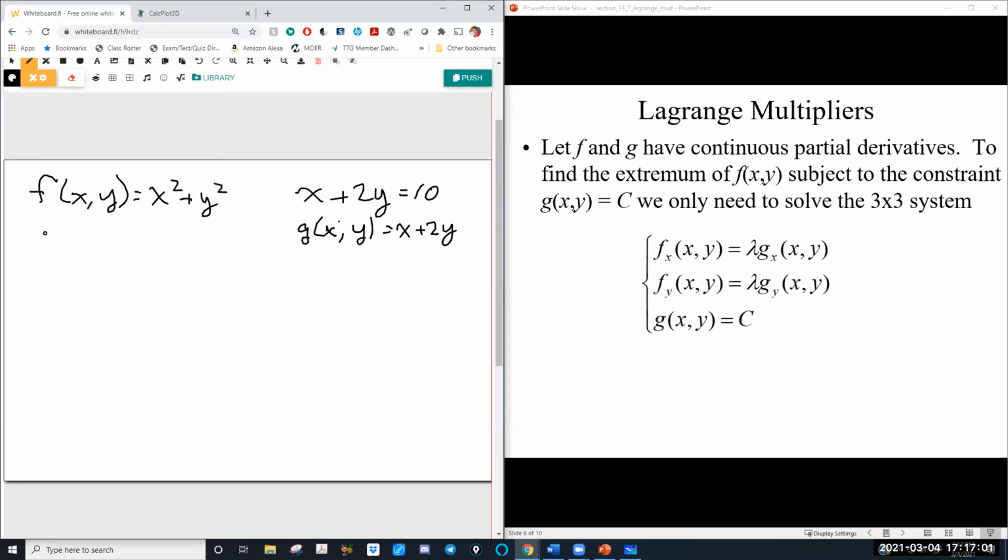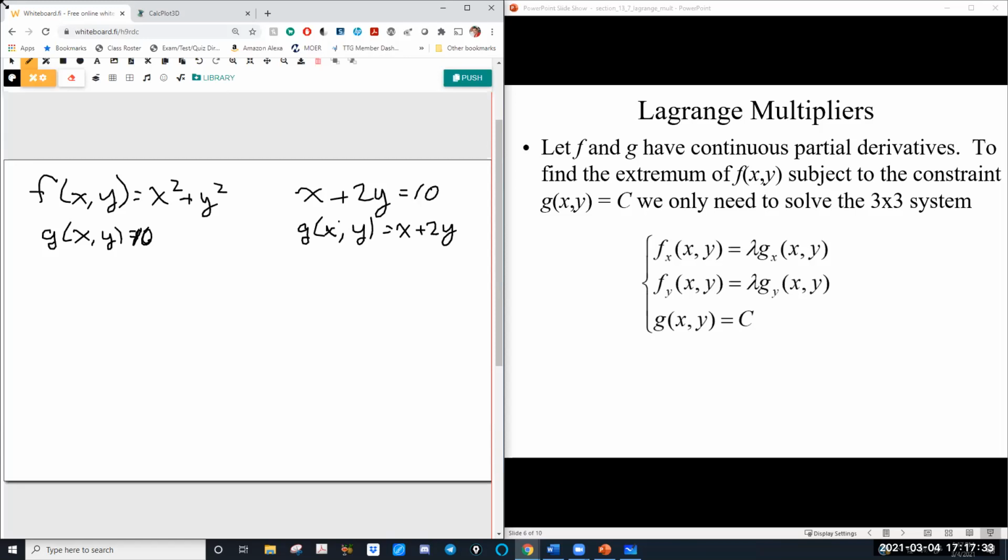And so we're doing this subject to the constraint g of x, y equals 10. All right. So this will be our system, and it's going to be a 3x3 system because x, y, and lambda are our three variables, and we have three equations.